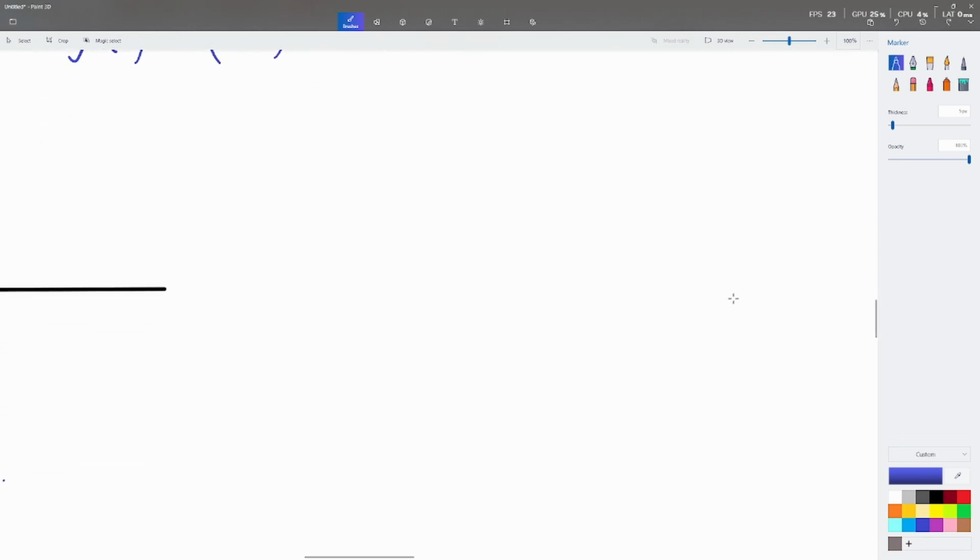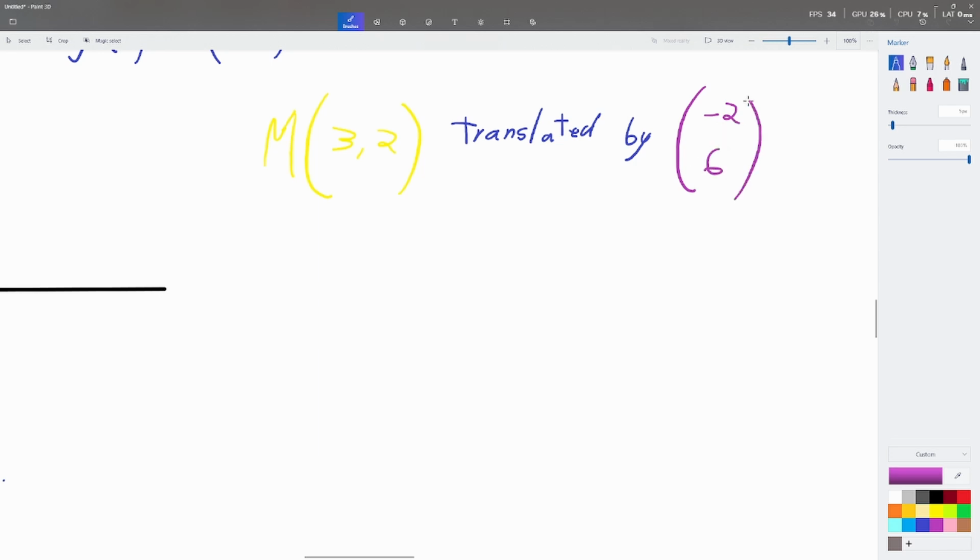So sometimes, and I think this is one of the easiest parts as well, you're given that your maximum point is 3 and 2. So these are the coordinates, x and y, and it's just translated by a vector which is -2 and let's say 6. So you know what you have to do.